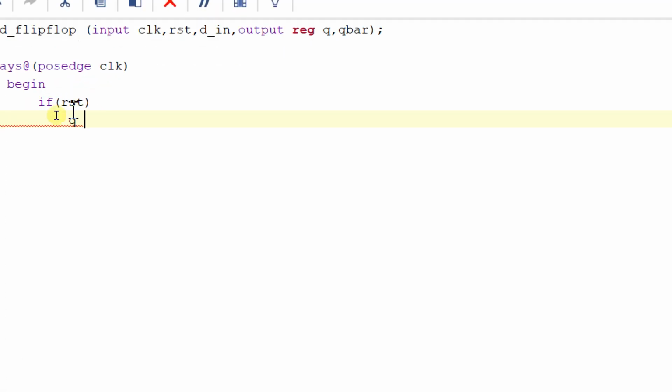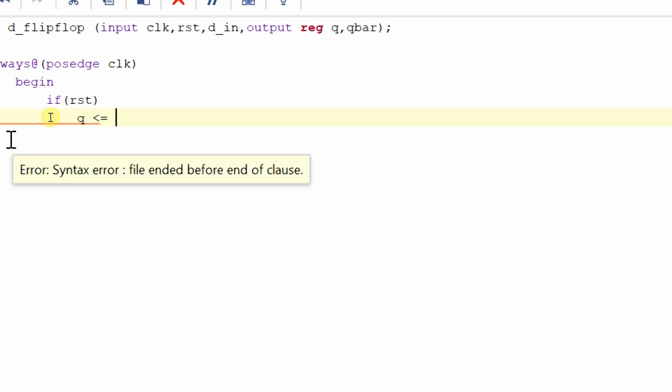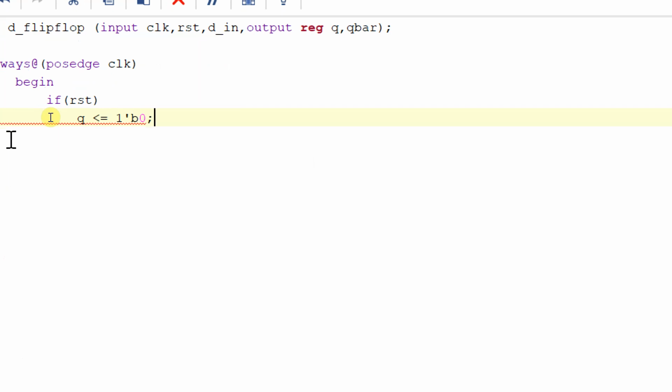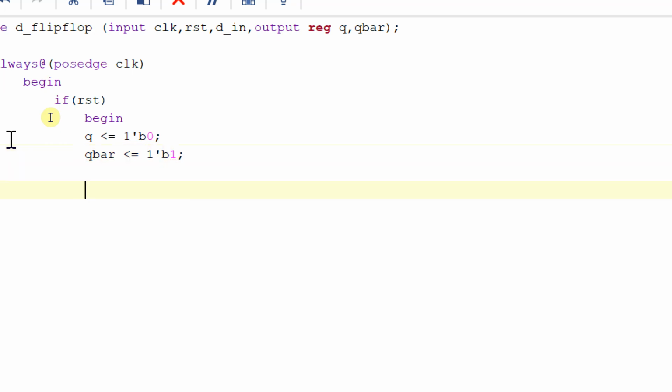So we will use non-blocking assignment here, and we are going to make it 0 if we use the reset. Begin. Q is equal to 0 and q bar is equal to 1, since q bar is going to be the complement of q.